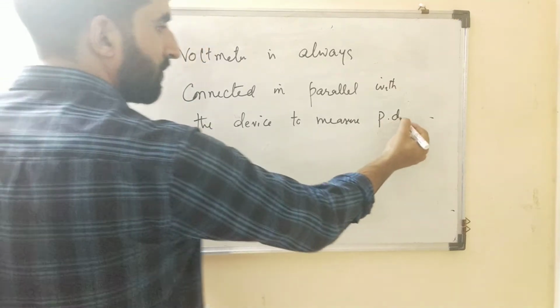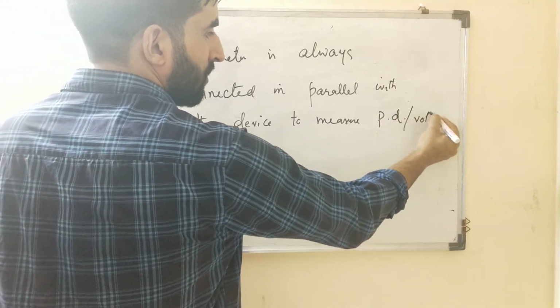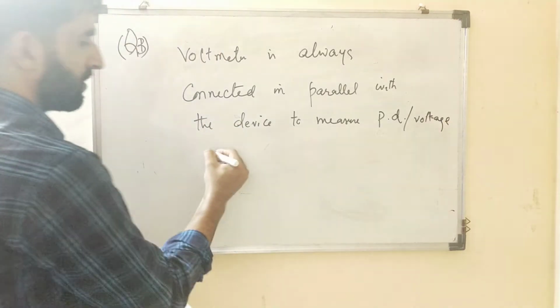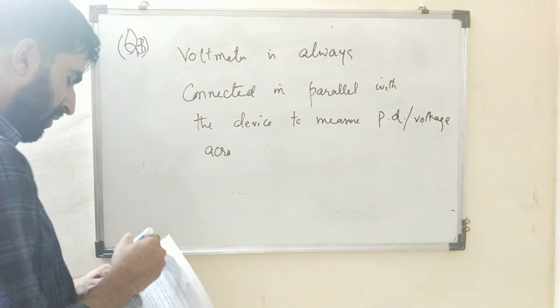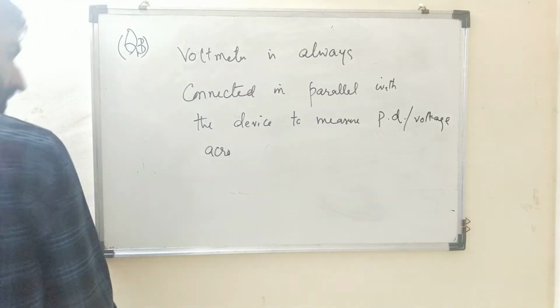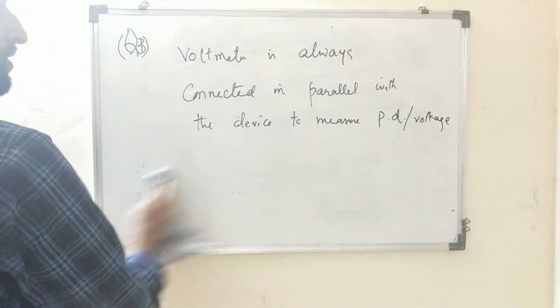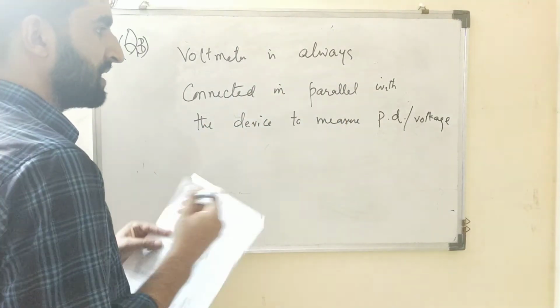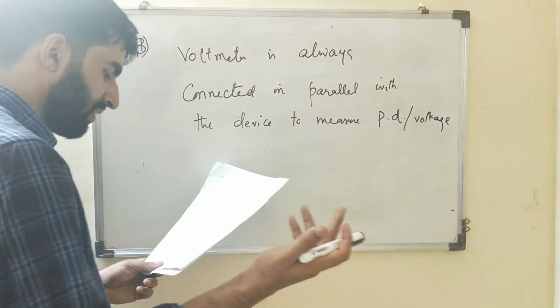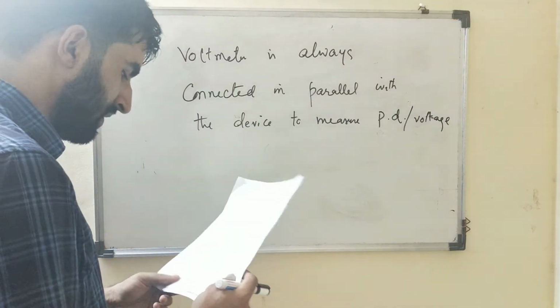PD is potential difference or voltage across the device. So voltmeter is always connected in parallel with the device to measure the potential difference or the voltage across the resistor or across the device.